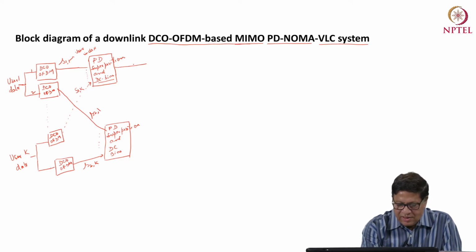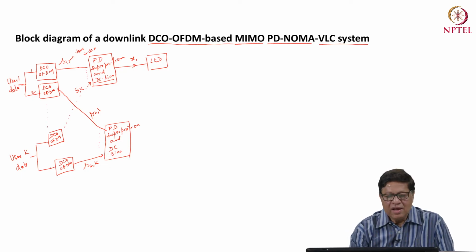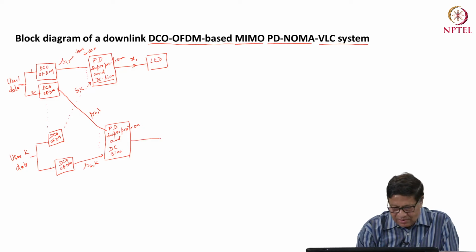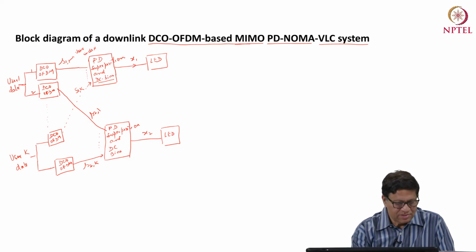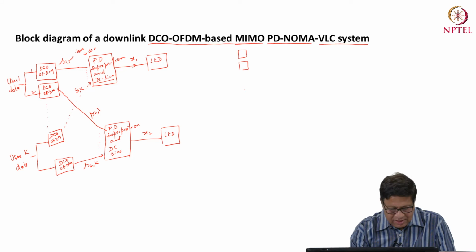And this combined signal, the power domain superposition with DC bias, let us call X1, which goes to the LED. Now you are able to modulate the LED because you have already made the input signal real and unipolar. Similarly, let us call this X2, it goes to a LED. Then you have the channel, this is transmitted through LED, and then you have a set of photo detectors. So I am using here 2 LEDs, and then photo detectors are here.